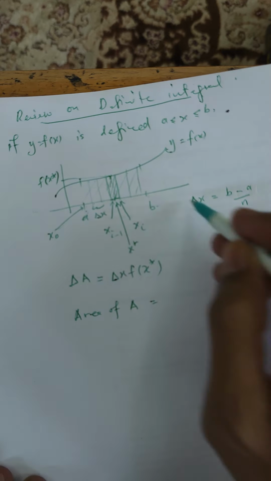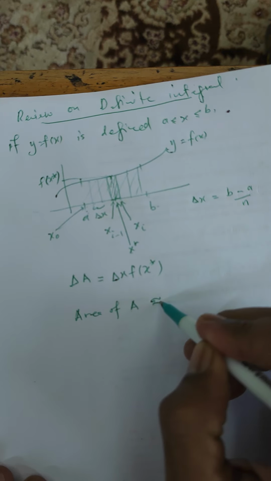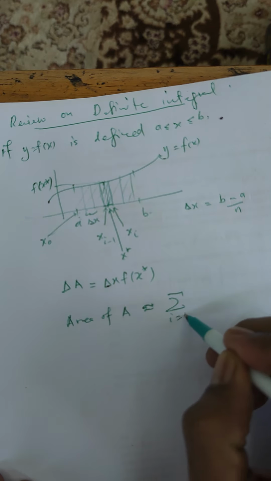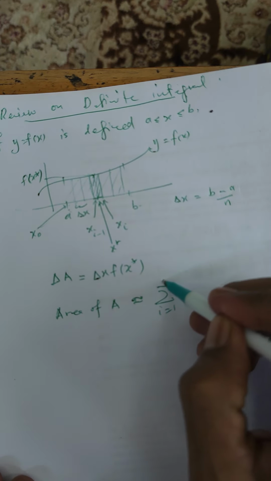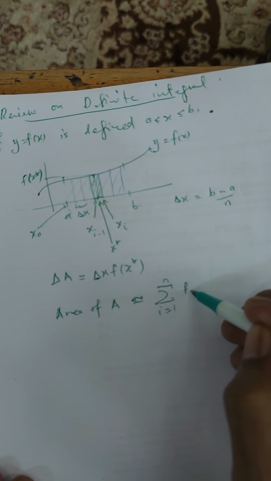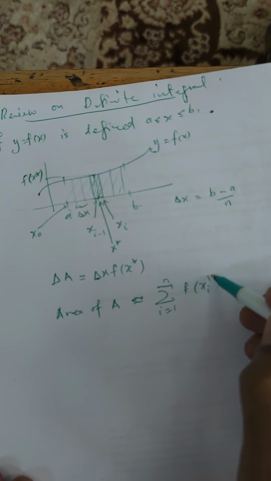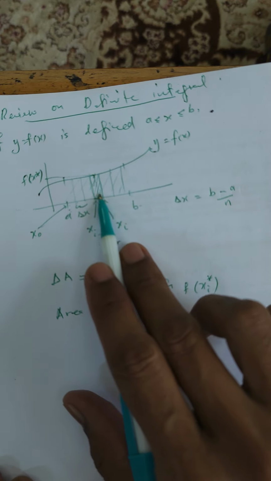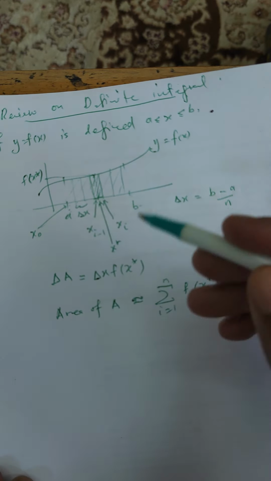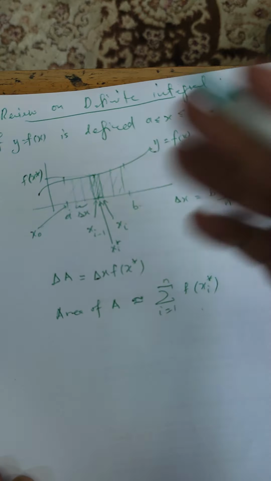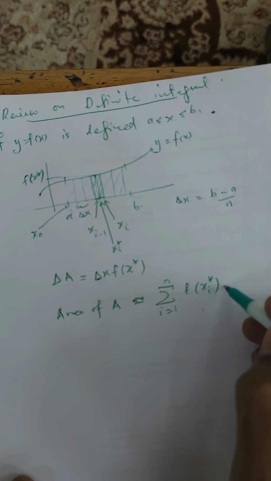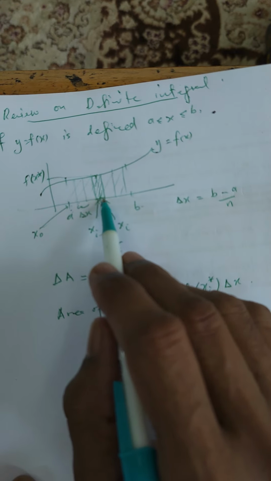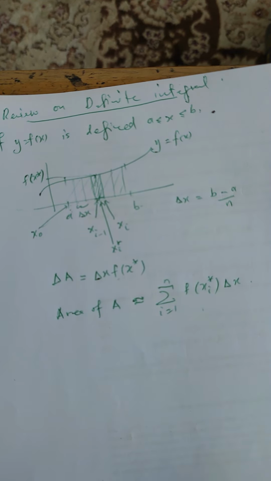So we just sum up all those things. This is just an approximation. We sum i from 1 to n of f(x_i star), where x_i star is any point in the i-th interval, times delta x, where delta x is that small interval.